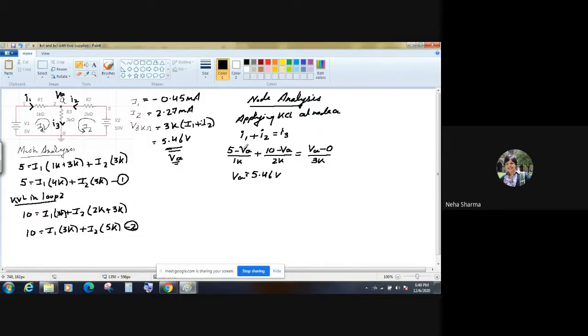And when I solve it for I2, I get I2 as 2.27 milliamps. So this is how we solve the circuit using KVL and KCL, and the results can be very easily verified.